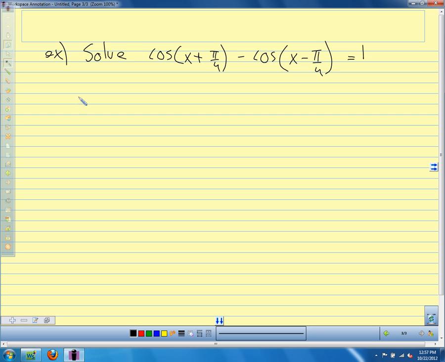So let me, over here in the margin, write a reminder of what those are, and this is on our sheet. Cosine of u plus v is cosine u cosine v minus sine u sine v.